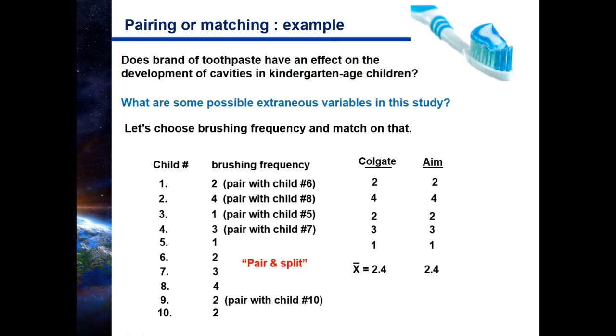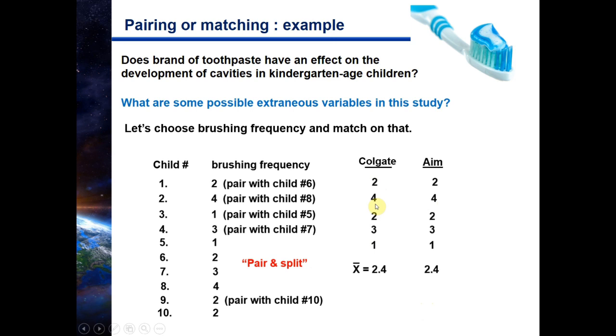Now, by using this technique, you can use a dependent t-test. Now, you hopefully recall that normally when we think of a dependent t-test, we think of the people in group 1 being the same set of people as in group 2. Peter, Paul, and Mary, Peter, Paul, and Mary. Well, these are different children, right?